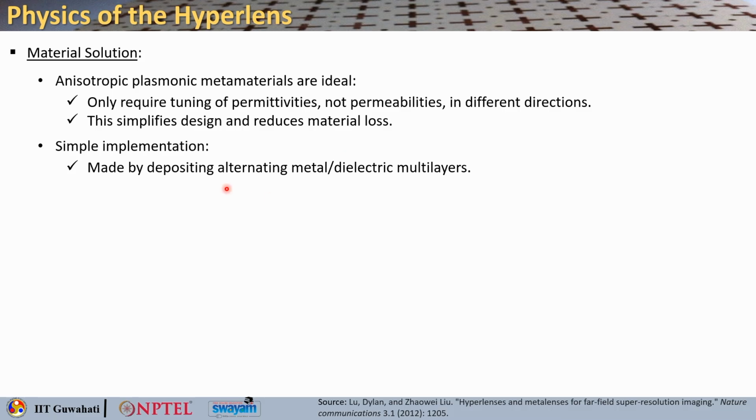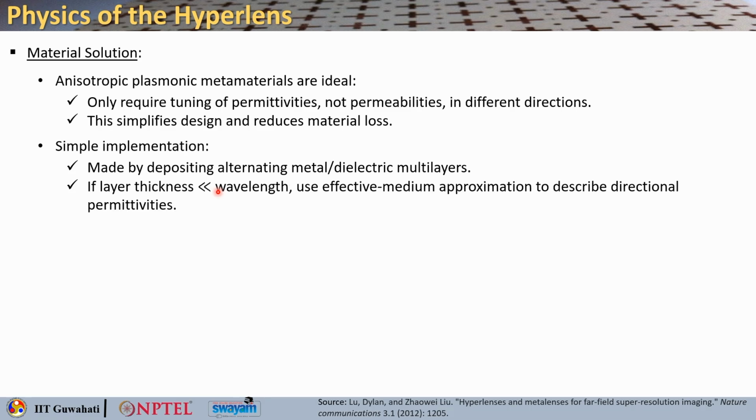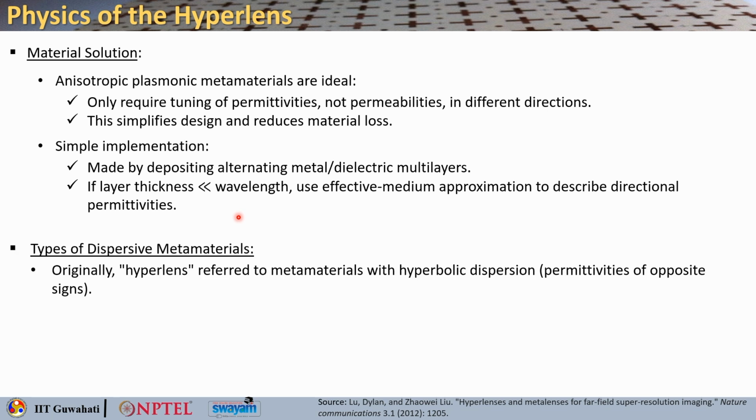A simple implementation could be alternating metal-dielectric multilayers, like a multilayer stack in the form of a 1D periodic array that we have seen, and you have to ensure that the layer thickness is much sub-wavelength, so that effective medium theory approximation can be used to describe the directional permittivities epsilon parallel and epsilon perpendicular.